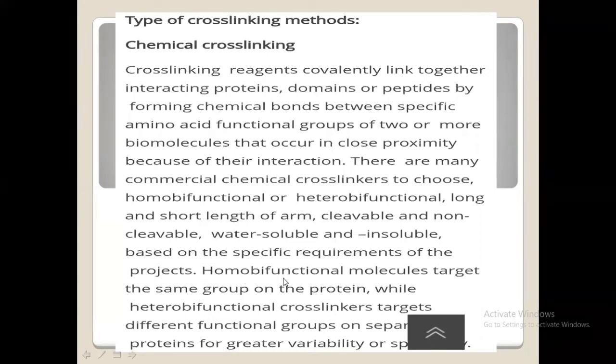Homobifunctional molecules target the same group on the protein, while heterobifunctional cross-linker chemical reagents target different functional groups on separate proteins for greater variability. So depending on the nature of the protein, you have to select the chemical linkers.